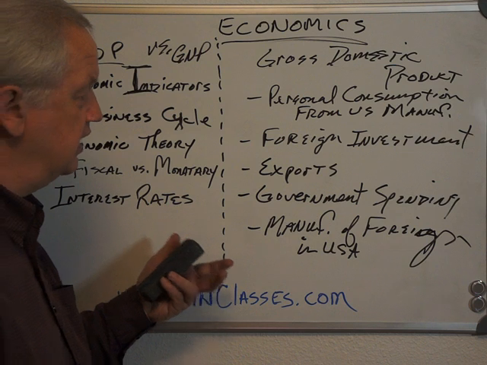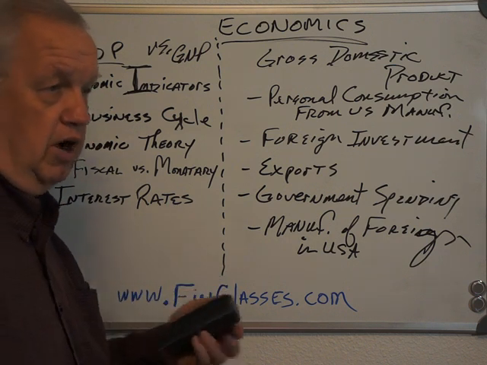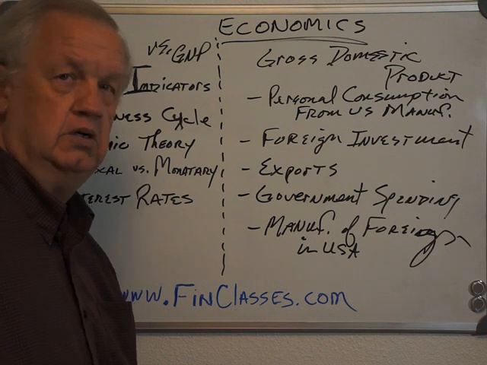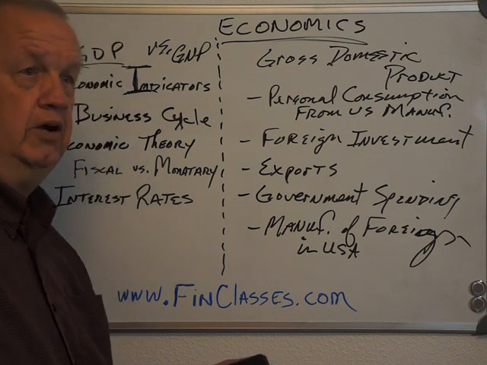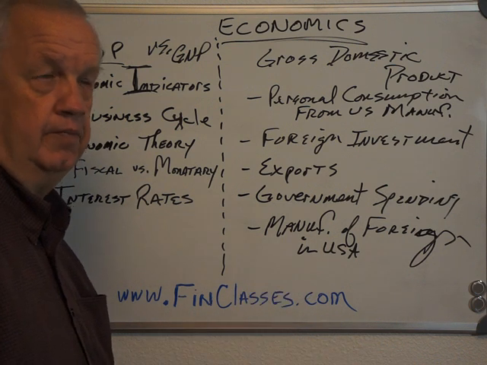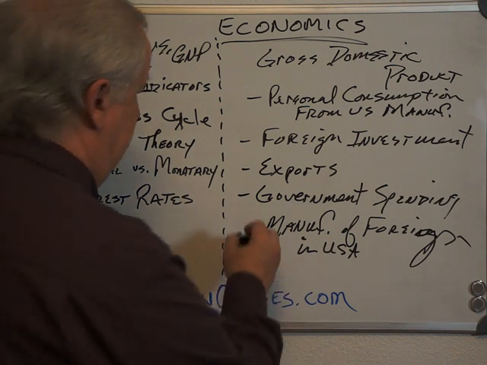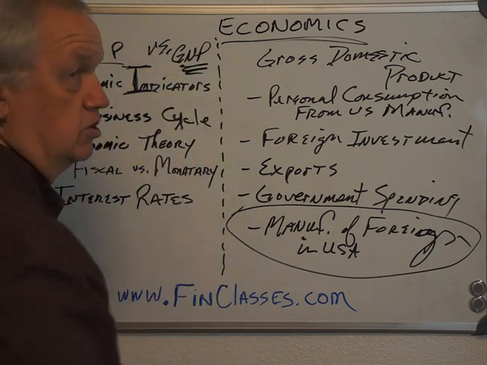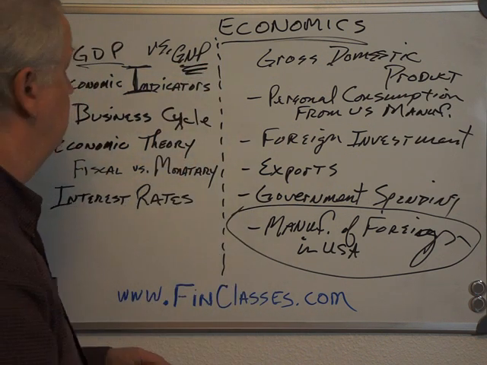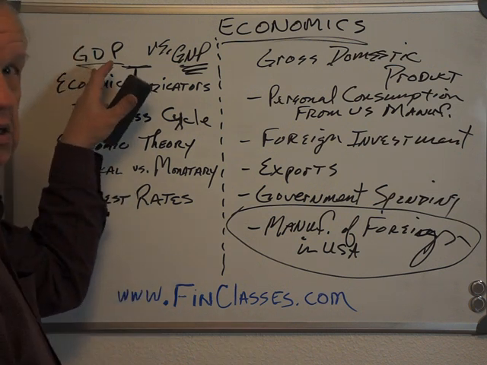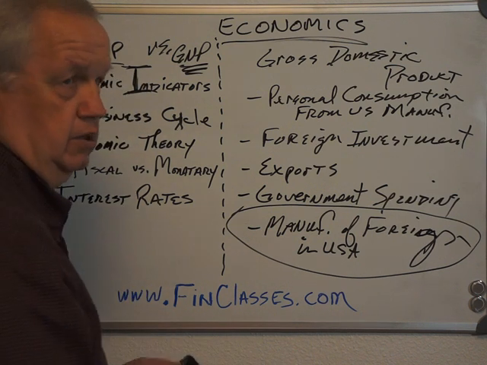All the companies that basically have operations and manufacturing here, but they're foreign companies. They're headquartered in Japan or China or Korea or the European Union. That's added to make the GNP, gross national product. What you're going to see most of the time is GDP, the domestic product. Okay.